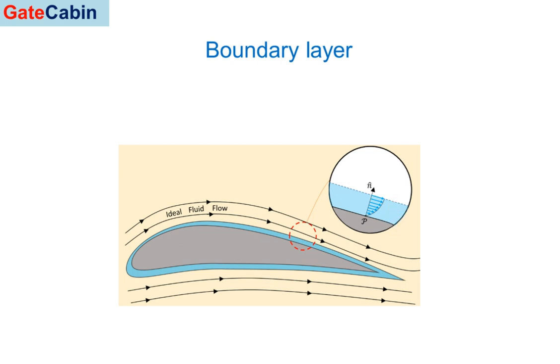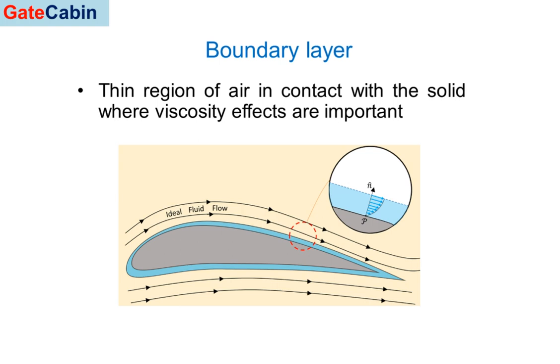So basically, the boundary layer is a very small region of the fluid which is in contact with the solid surface, whereby the viscosity of the fluid plays a very important role. This thin region here is visible in blue color.